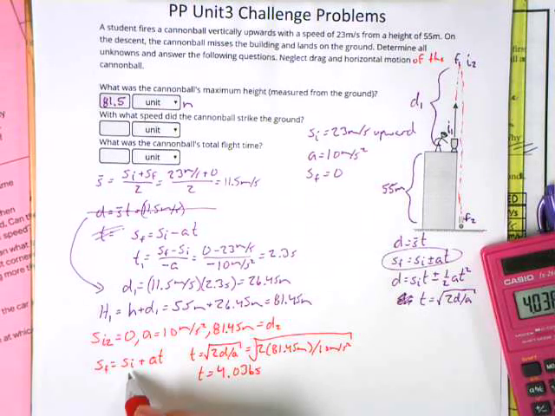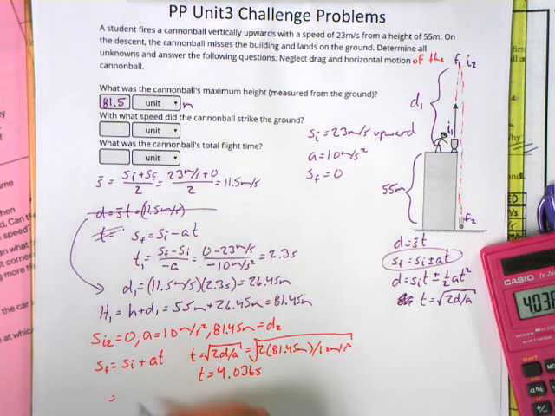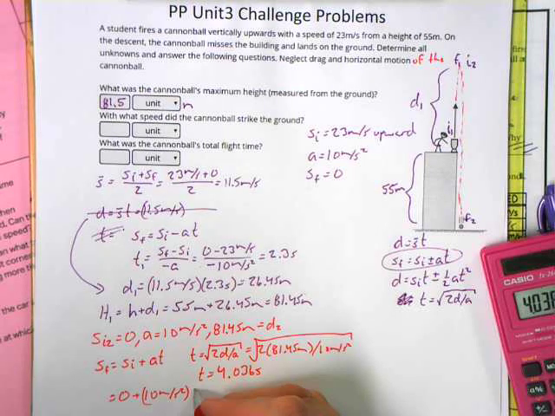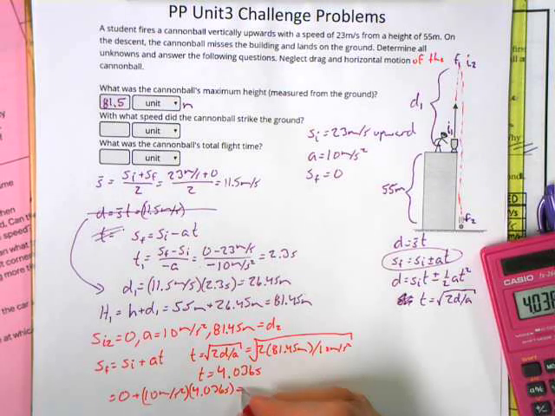So now I can come back to this one here. So my initial speed was 0. My acceleration was 10 meters per second squared. Multiplying that by my time of 4.036 seconds is just going to move the decimal place around. And so that's going to be 40.36.